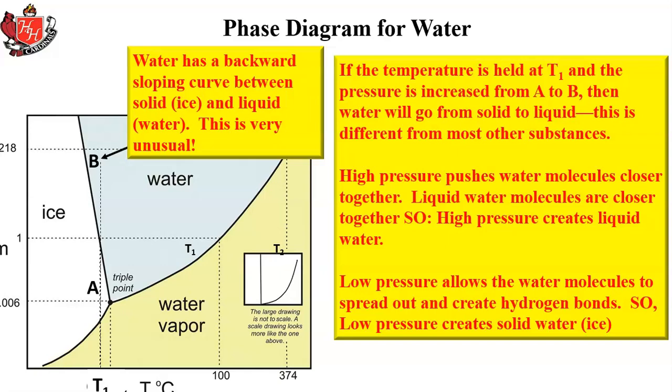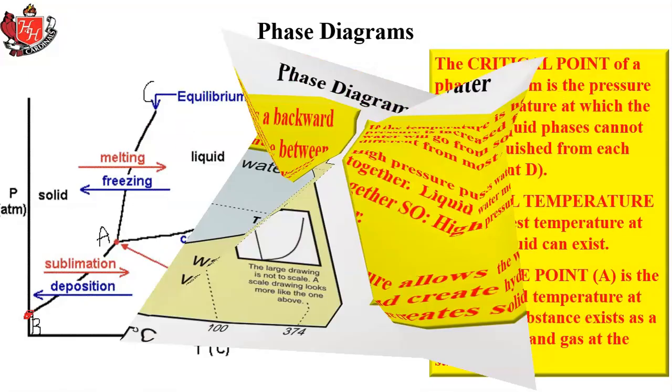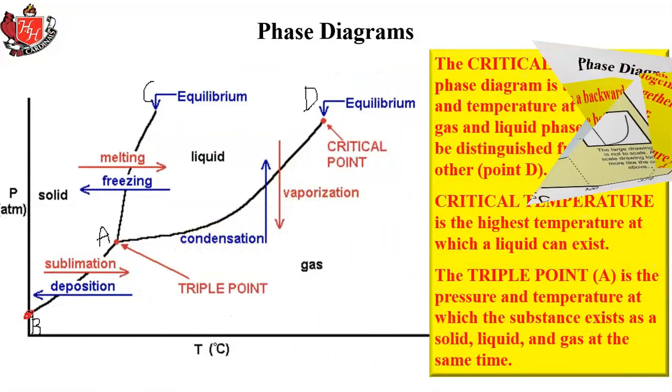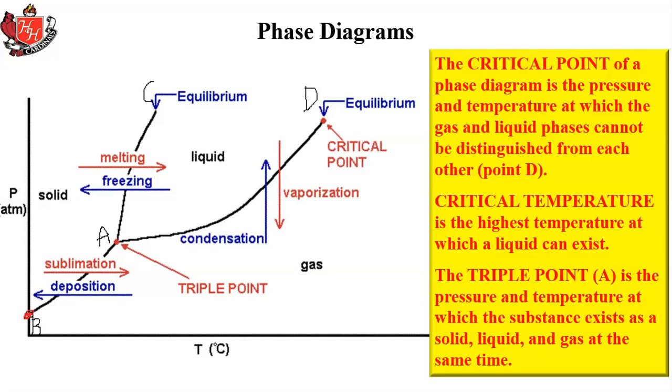Liquid water molecules are closer together, so high pressure creates liquid water. Low pressure allows the water molecules to spread out and create hydrogen bonds, so low pressure creates solid water. The next slide will show you why that is. Or actually a couple slides.